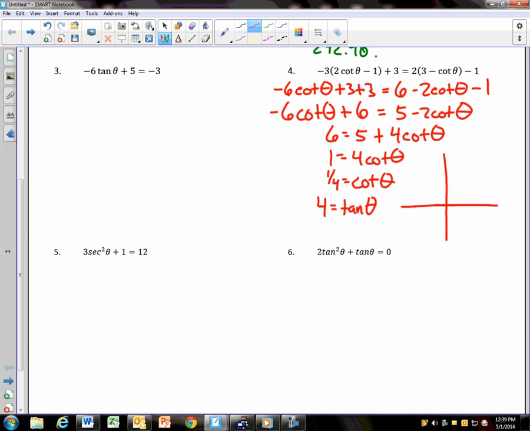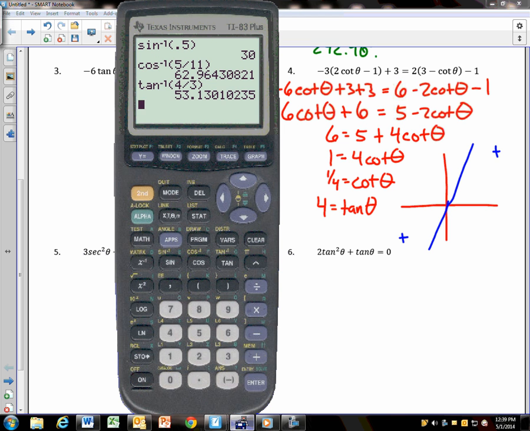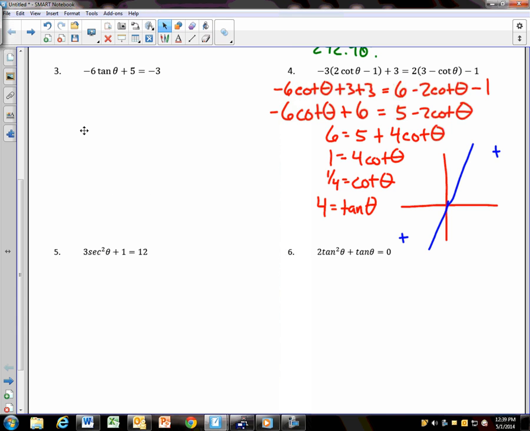Am I looking for where tangent is positive or where it's negative? Positive. Which quadrants is it positive in? First and the third. Tangent inverse, 4. 75/96.